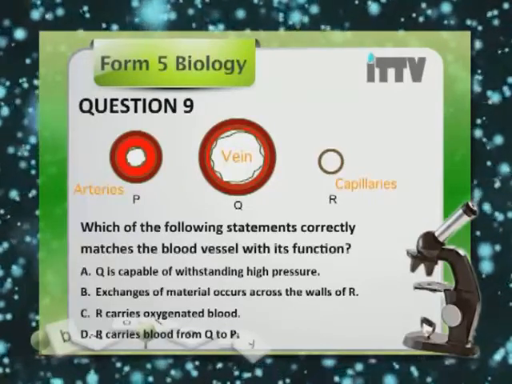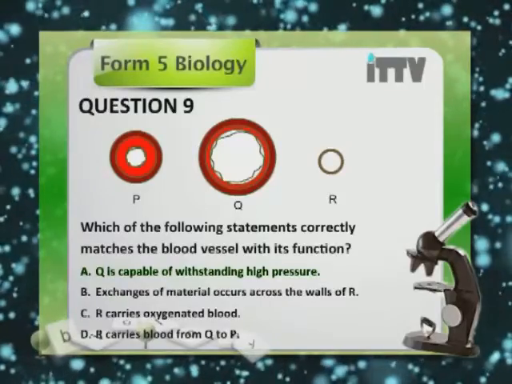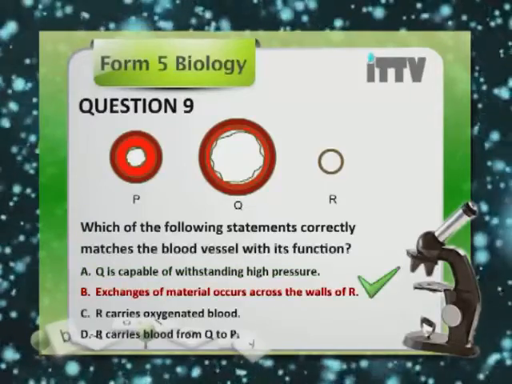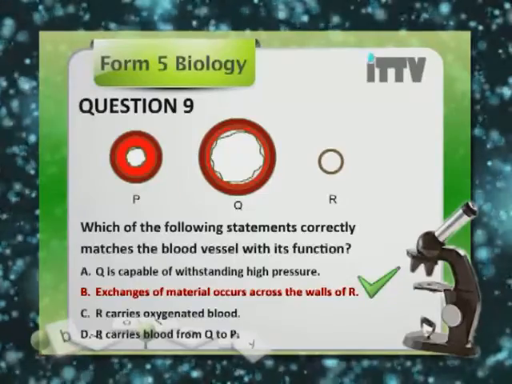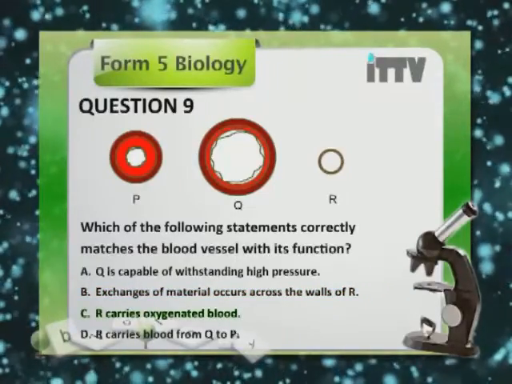So let us take a look at the choices which have been given. Q is capable of withstanding high pressure. Blood pressure through the veins is much less compared to the artery, hence A is excluded. Exchanges of material occurs across the walls of R. Yes, that is right. C. R carries oxygenated blood.